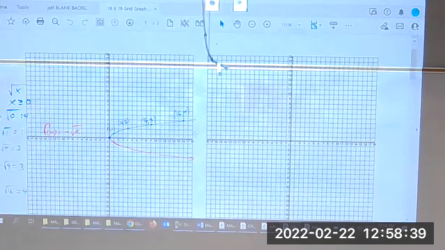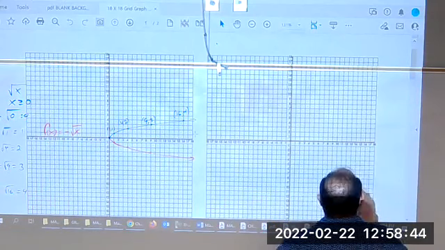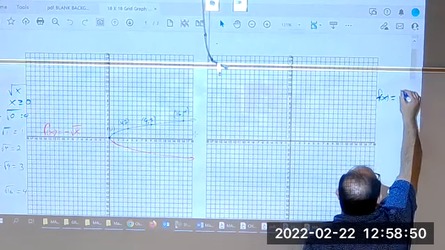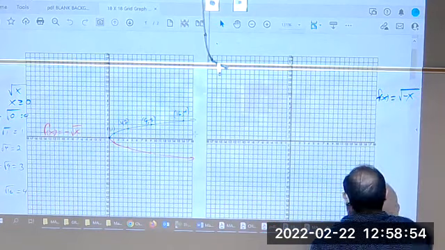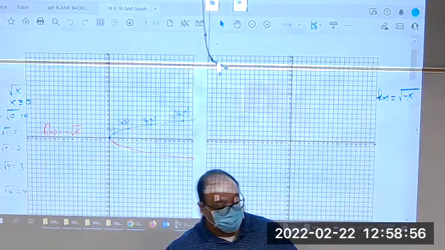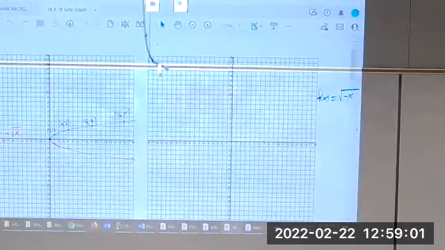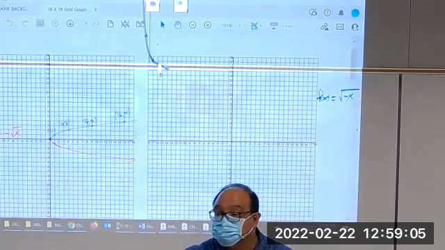But what happens if I put the negative on the inside in front of the x? So f of x is the square root of negative x. Try 4.